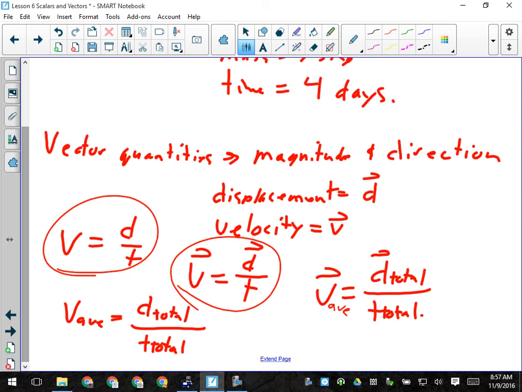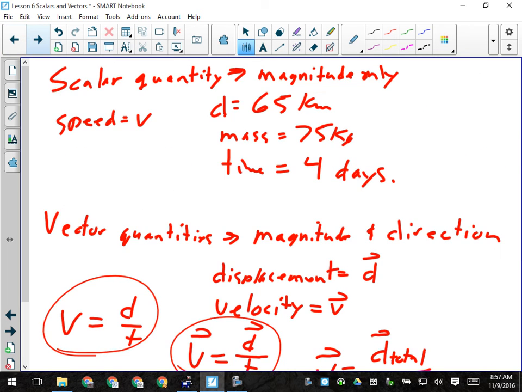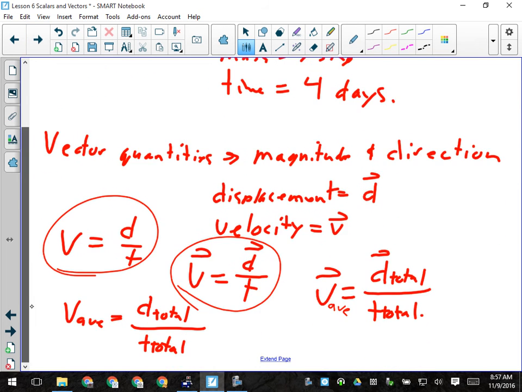The two we just did were one-part problems. There was this thing going this fast for this long, how far did it go? That's simply a one-part question. But the one we did yesterday with the bus had 2 sections to the trip. So to find the average velocity over the whole trip, we found its total displacement, its total time, and divided the 2. Everybody follow there? Anyone need that one anymore?